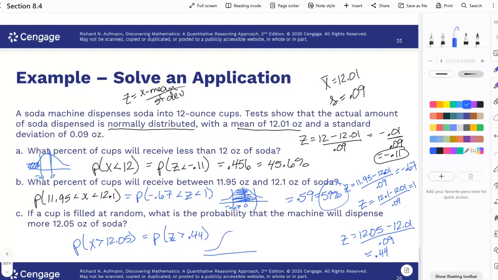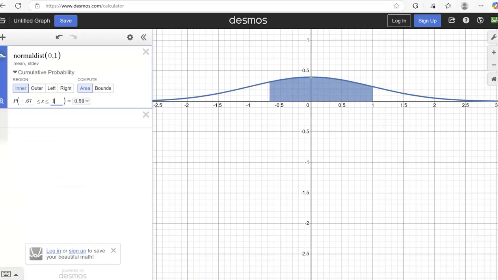So if I were to think about a picture, standard normal distribution, 0 is in the middle, 0.44 is to the right, and I'm shading everything greater than, which would be that area. So let's go to Desmos. Now I'm looking at the right side.